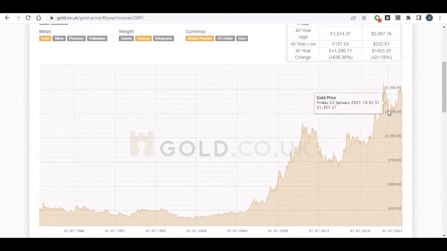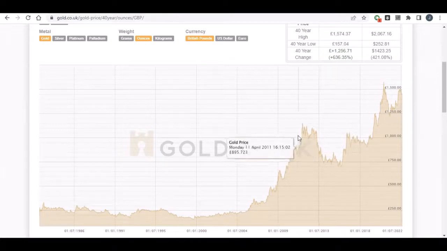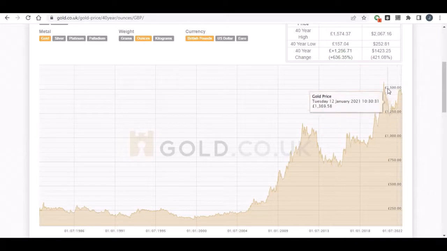And as you can see, there's the highest price that seems to have been recorded there was in August 2020. So realistically, that would have been the time to sell, but not the time to buy. And if these other peaks are anything to go by, well, here's the latest one.